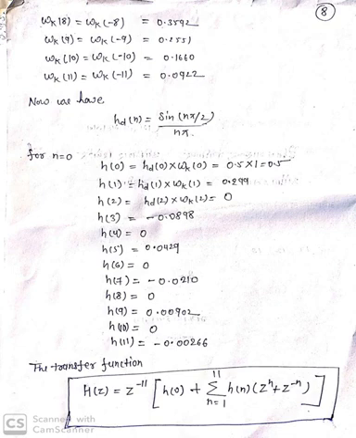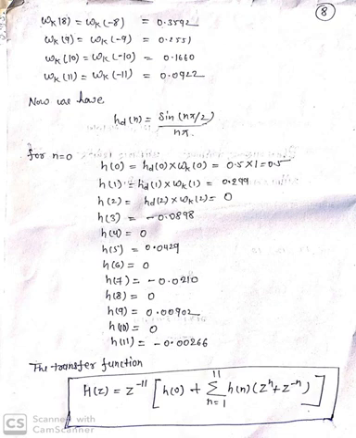Means N equals 23, I will arrange my whole desired function in the form of z, where we only calculated the number of delays from 0 to 11. So H(z) equals z to the power −11.